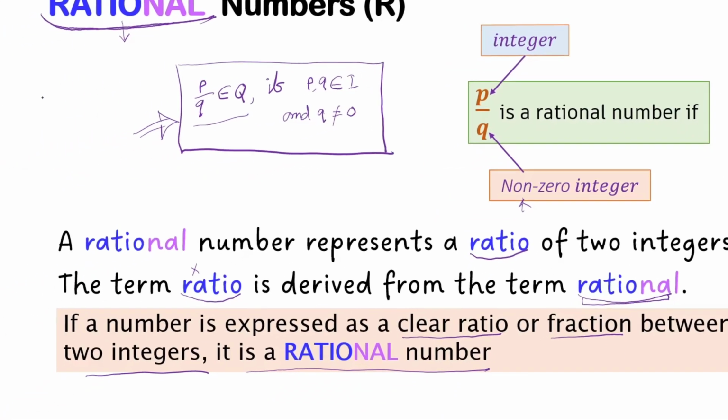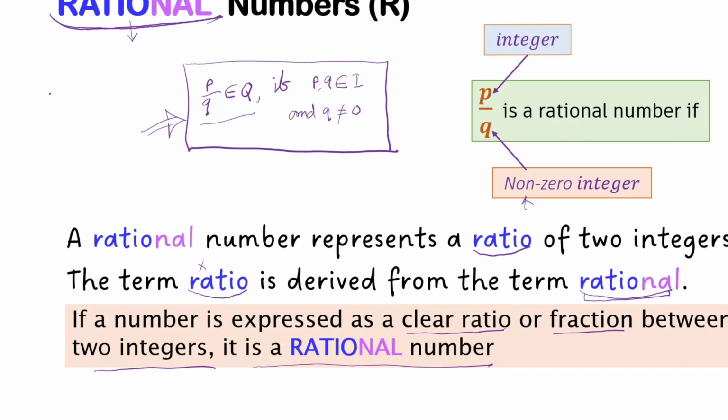Say we take one integer, -3. This -3 can be written as -3 upon 1. So this is in the form of P upon Q, P and Q both are integers and Q is not equal to 0. So this is a rational number.